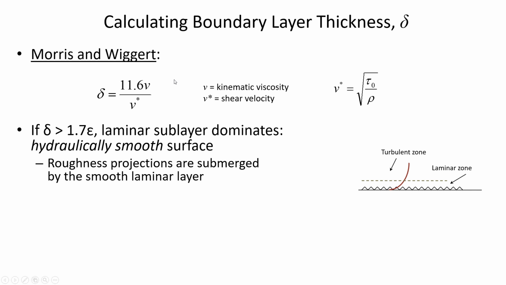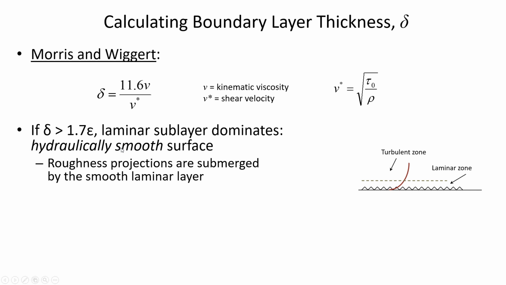So with that, if you calculate the thickness of the boundary layer and it's more than 1.7 times thicker than the equivalent sand roughness, then what that means is that the thickness of the laminar layer is greater than the roughness elements, and so it dominates. This is effectively hydraulically smooth.